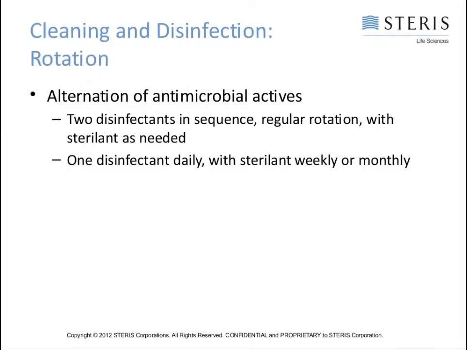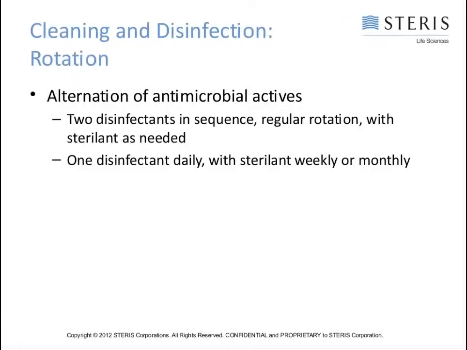Rotation has been a topic that has been around forever when cleaning with disinfectants. There are some facilities that use 2 disinfectants, followed by a sterilant as needed. Some people will only use 1 disinfectant. That's purely up to you. There is only one study out there that says microbes can become resistant to disinfectants, and that's a lab study.